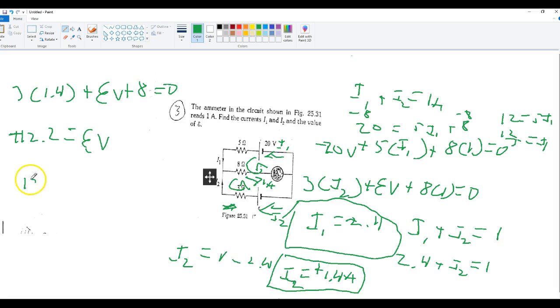Realistically, if you get a negative voltage from a battery source, look at it more closely. The logic behind it is that ours is going the wrong way for I2, so we have to change these signs around. But this gives you 12.2 volts.